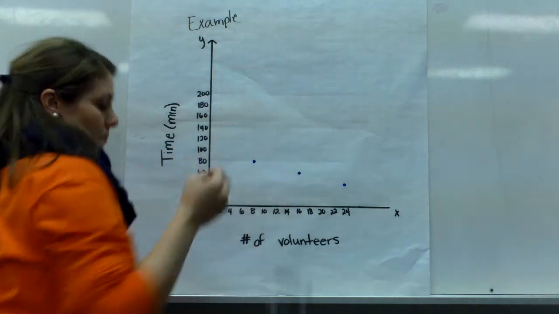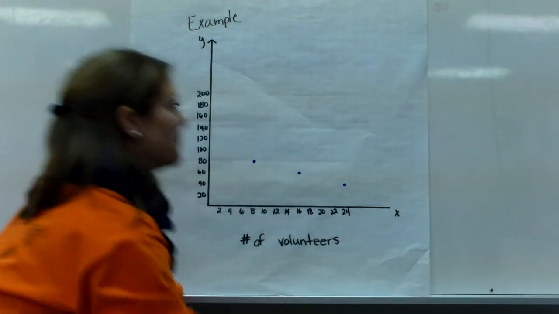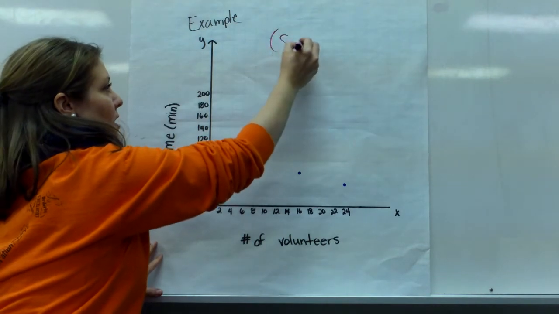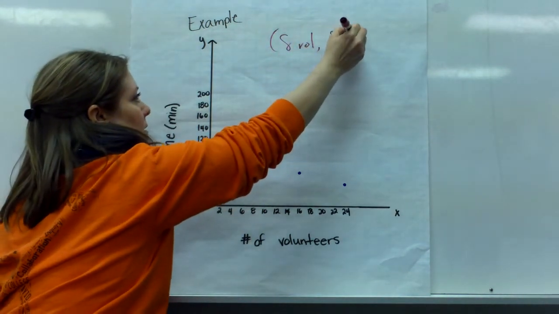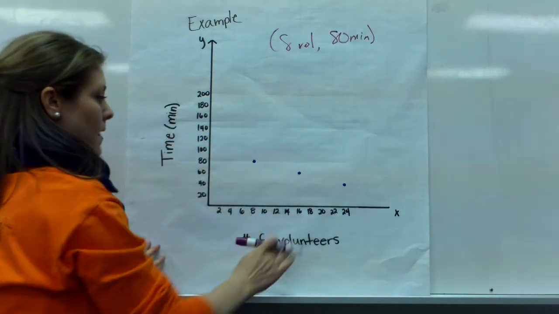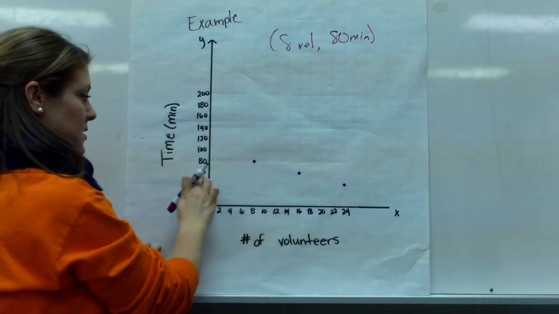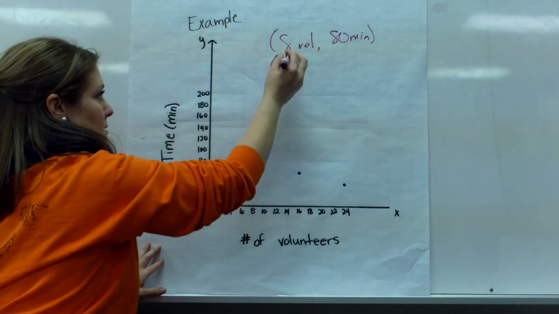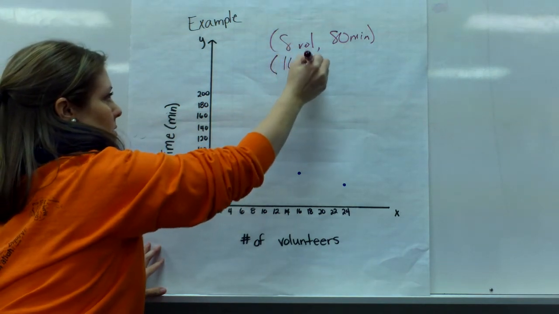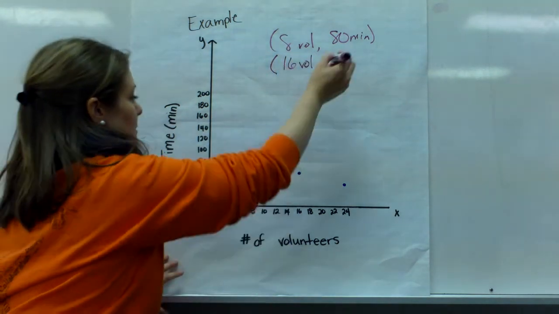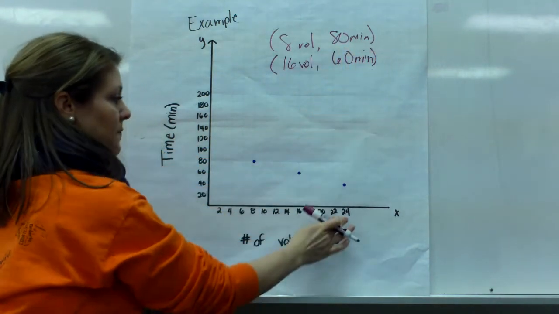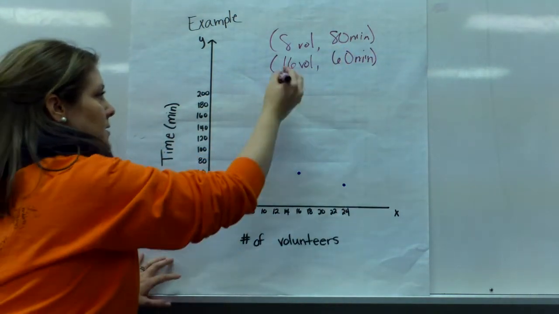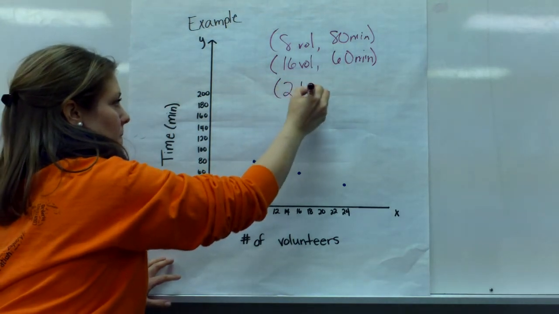What that means is, 8 volunteers, it will take 80 minutes. When there are 16 volunteers, it will take 60 minutes. So the more people that help, the less time it's going to take. And if there's 24 volunteers, it's only going to take 40 minutes.